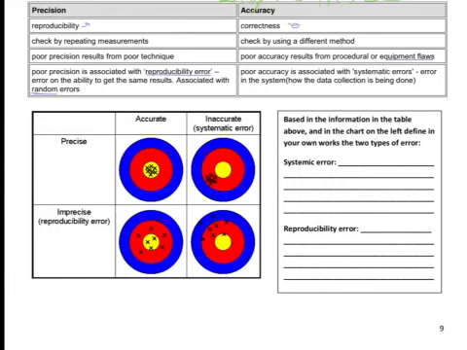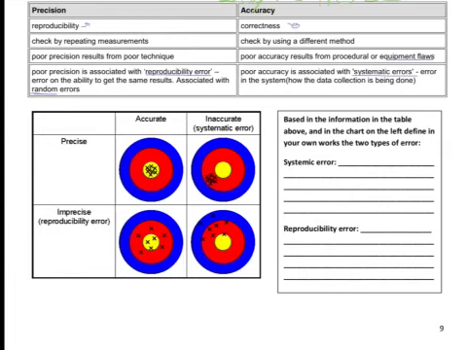Maybe I don't know why, but constantly I'm not able to get the same results. Poor accuracy is associated with a systematic error. It's an error in the system, in something that I am doing that is making me unable to get the correct answer. So let's look at some targets to kind of get an idea of what I mean.